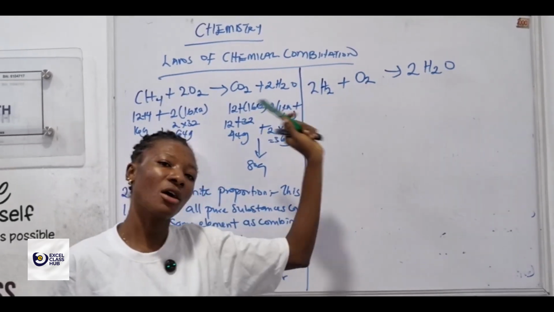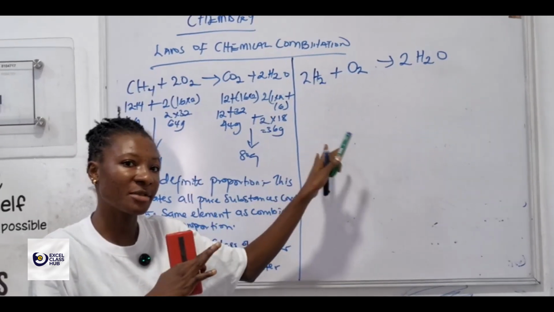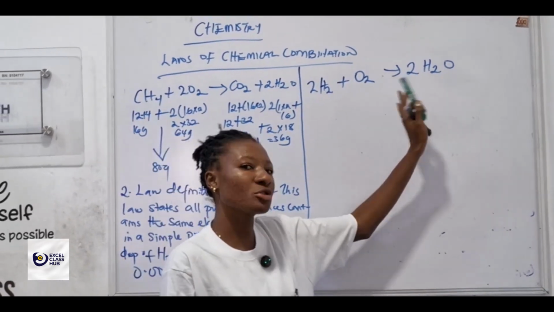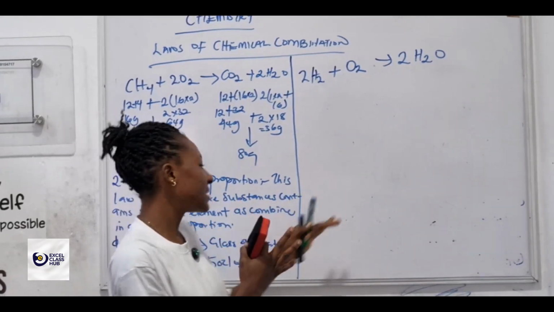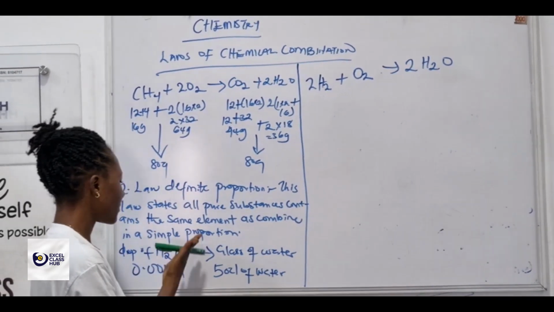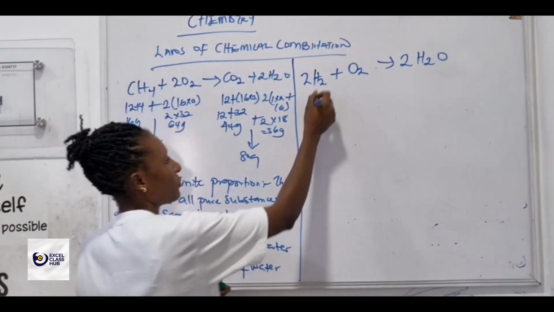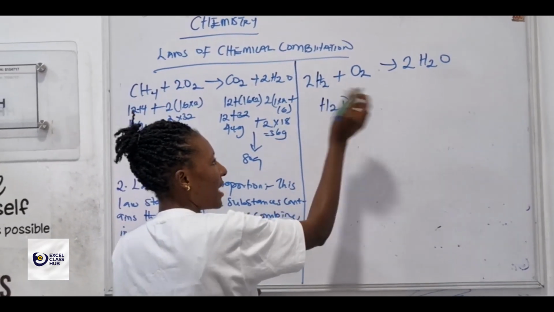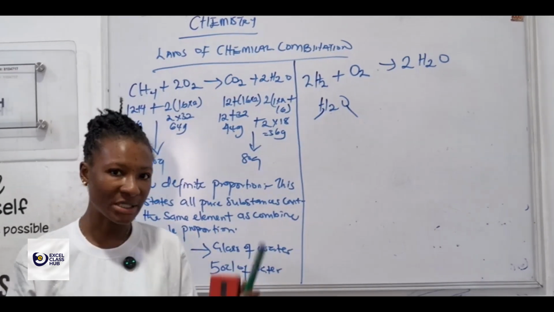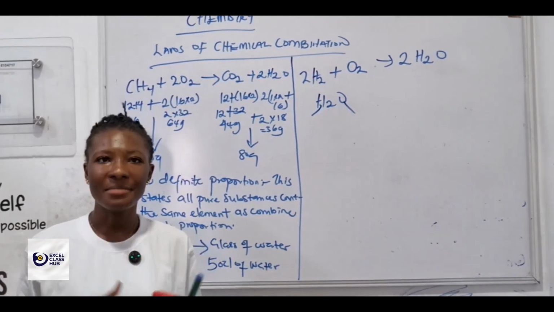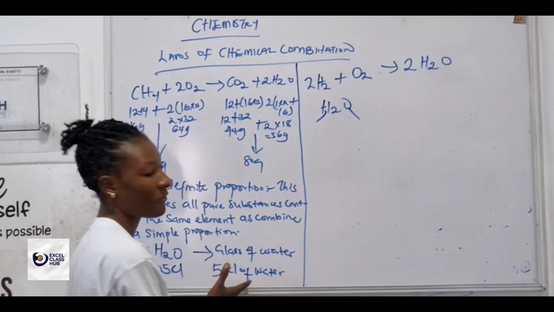In this case, oxygen is a diatomic atom, 2 atoms of oxygen. But here it becomes a mole of oxygen, which makes the equation balanced. This is just telling us that the actual equation of water, which is H2O, the elements hydrogen and oxygen that brought about water, are the same elements that are contained in a glass of water.